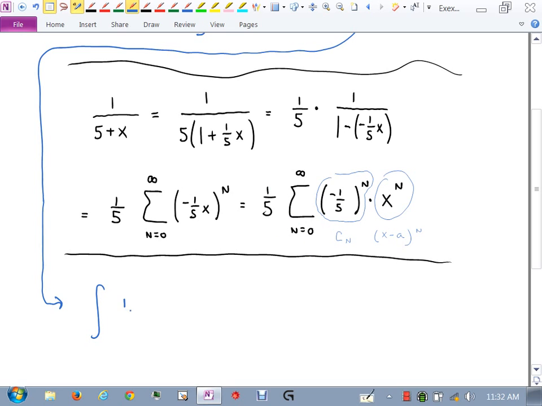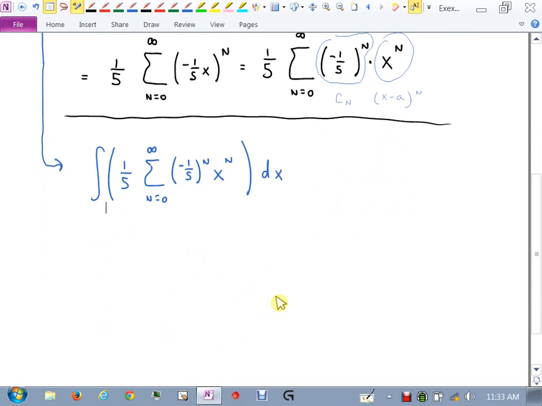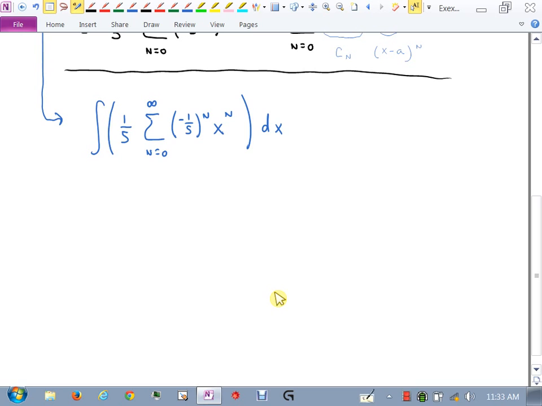So it's the 1/5, the series n equals 0 to infinity of negative 1/5 to the n x to the n, all of this with respect to x. Now, what do you think about that 1/5 out front here? You can pull that out. It's a constant, it's integration. Constants can come out. This 1/5 is independent of what's happening in here. So I can pull the 1/5 out.